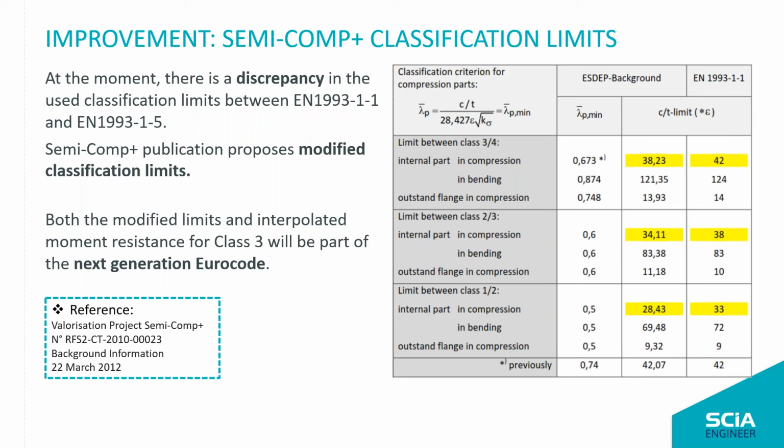So they proposed to modify them, adapt them to be correct and to have the same limits for both Eurocodes. This change will actually be part of the next generation of Eurocode as well. And also the rule I explained before about interpolating between elastic and plastic moment for class 3 will be inside our next generation of Eurocode.